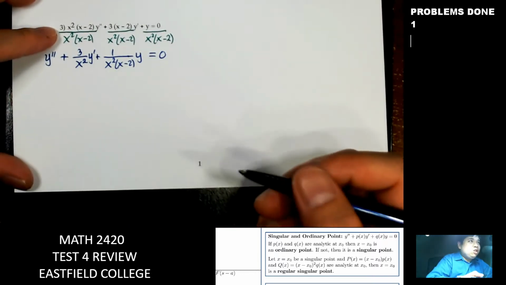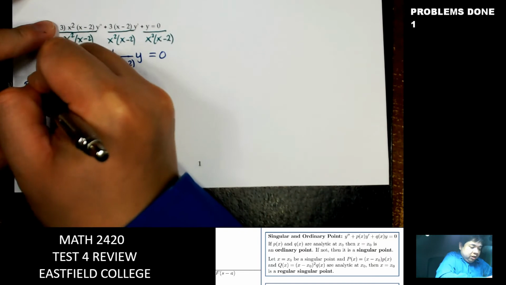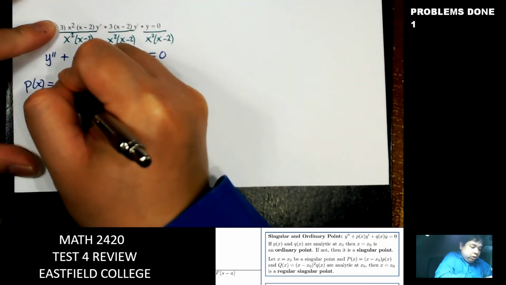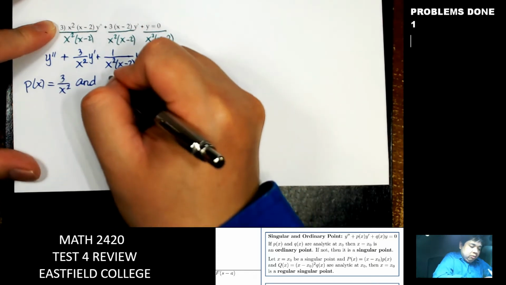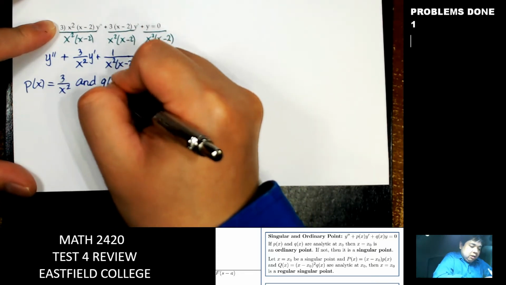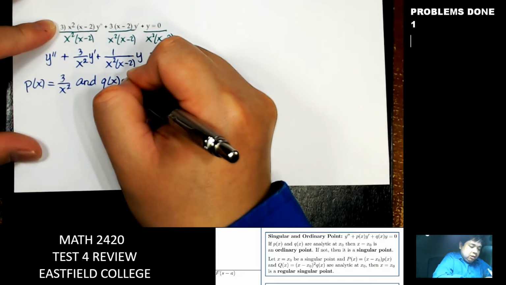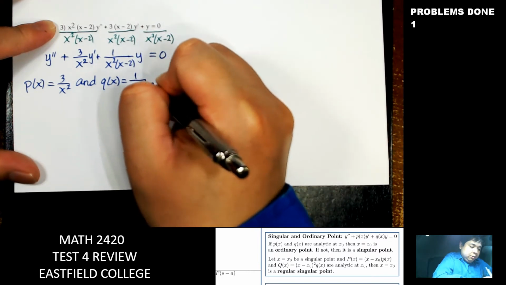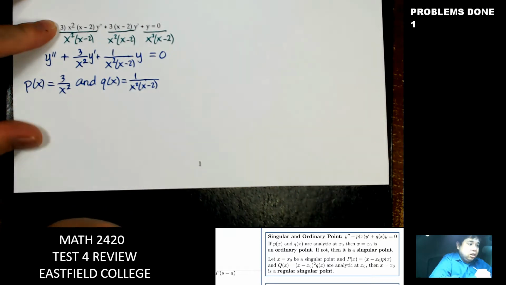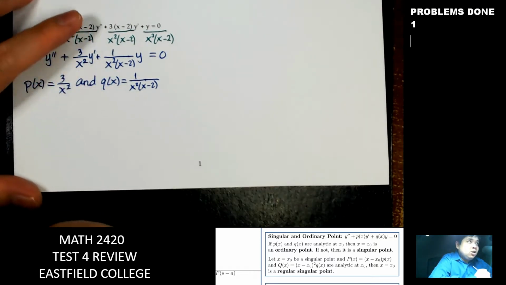So to save space, I will just say that p of x is 3 over x squared and q of x, the functions are analytic except for x equal to 0, x equal to 2.